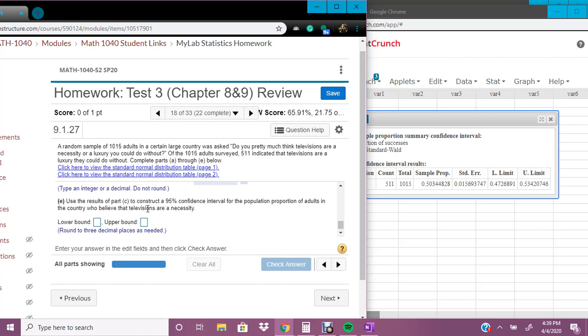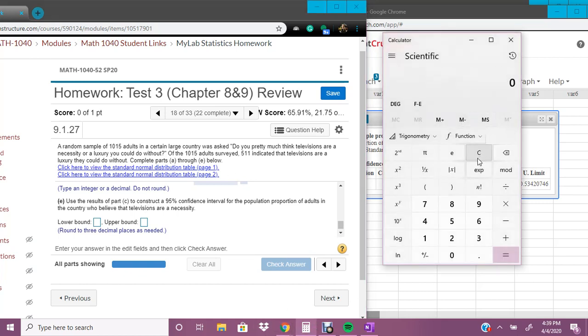So either you say yes or you say no. So what we're going to do in order to find that number is we're going to take our population, or our sample size, and the 511 of them said, no, we don't need a television. Then the other part said that they do need a television. So we can just minus that number from our population, or our sample size. And so that is our answer for our new proportion.